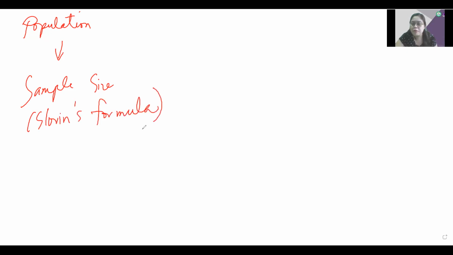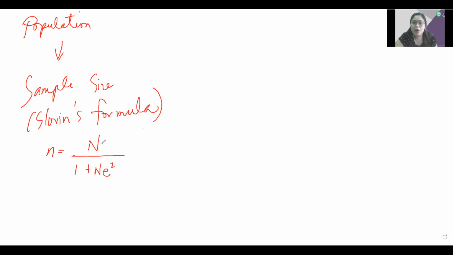Okay, Slovin's formula tayo. So I hope you can still remember, this is n = N / (1 + N × e²), wherein the small letter n here is your sample size, and the capital letter N is your population.